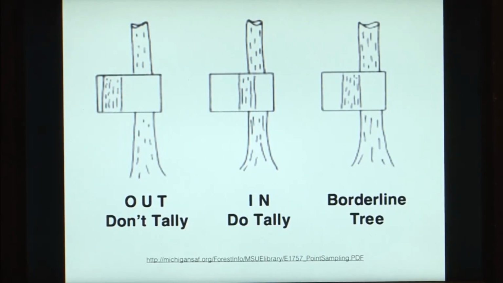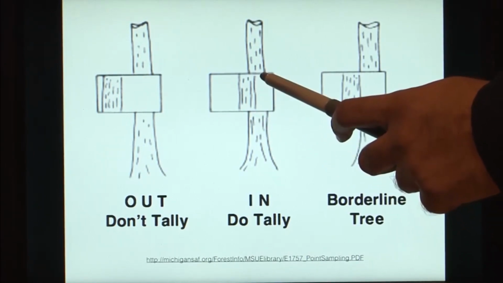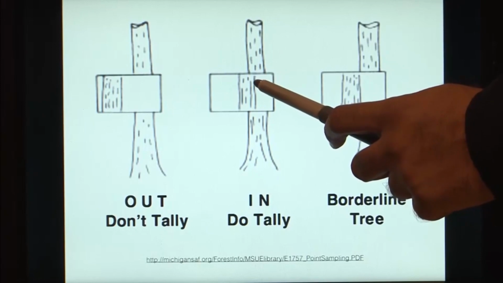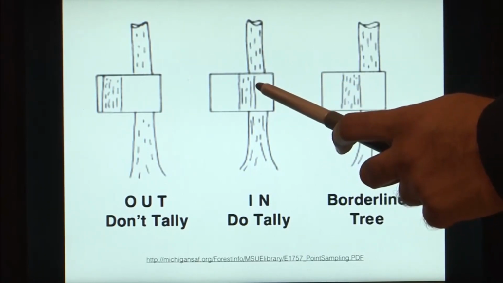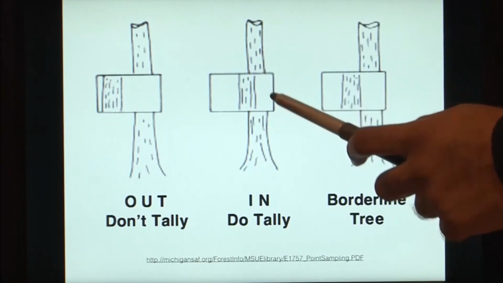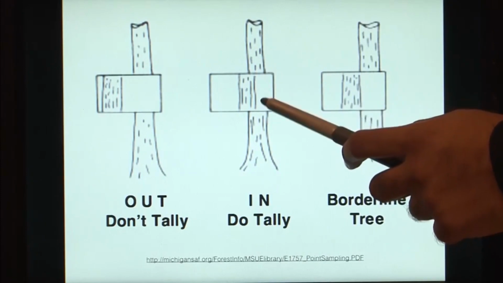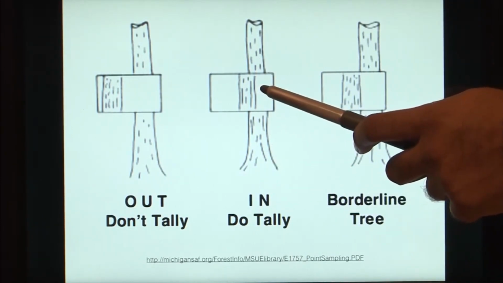In the case of this tree, it has been displaced, but even when it is displaced, this displacement is less than the width of the tree, which is why this rightmost edge is coming within the tree itself. So, in this case we count it as an in, and this is a full tally.